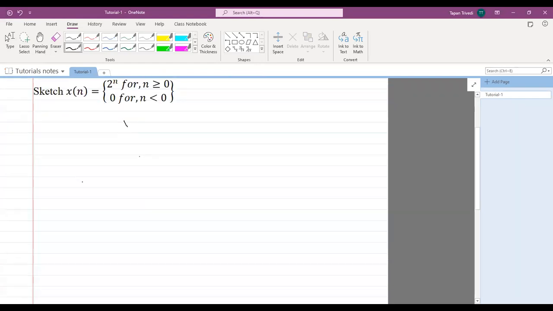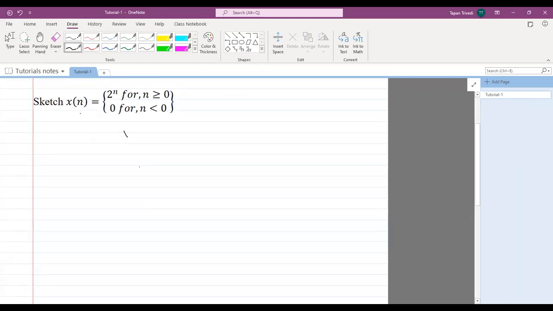Fine. Now this is a discrete time function. Okay.